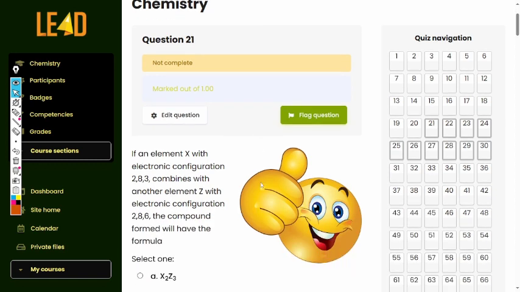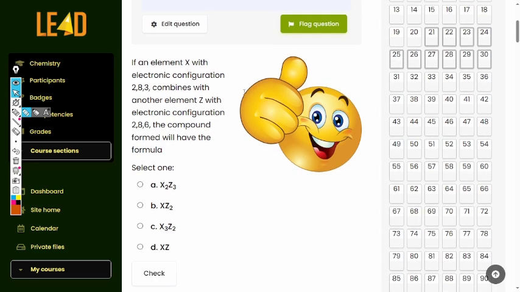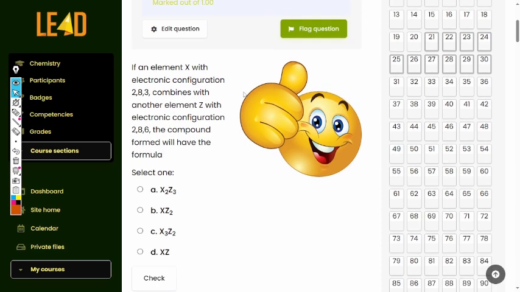Question 21. If an element X with this electronic configuration combines with another element Z with this electronic configuration, the compound formula would have what formula? Let's find out. X has a configuration of 2, 8, 3. What this tells us is that X will easily lose these 3 electrons to form a 3+ ion.